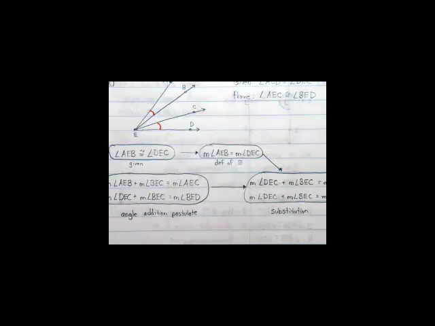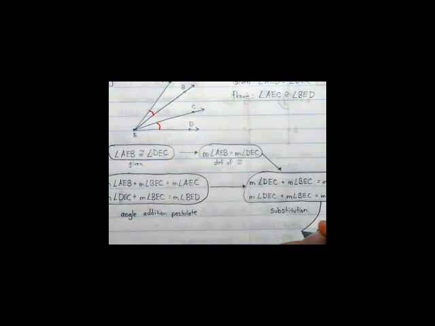Anybody see what we can do now? Put them together, right? They're both equal to the same thing. DEC plus BEC. So if those are both the same, then AEC and BED should be the same, right? So I'm kind of running out of space here, so I'm going to come back this way. And we can say the measure of angle AEC is equal to the measure of angle BED.